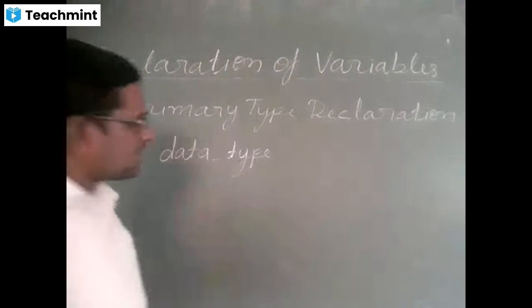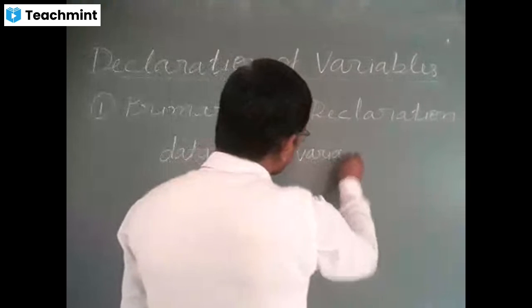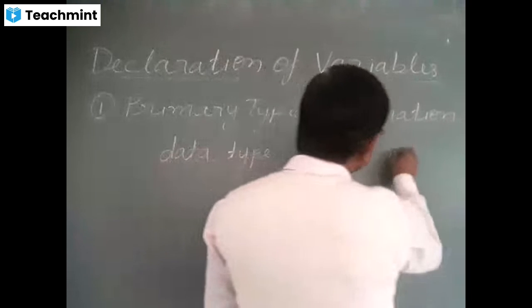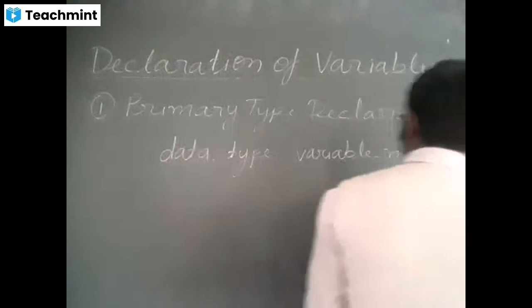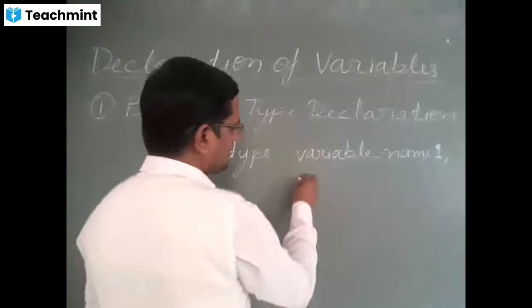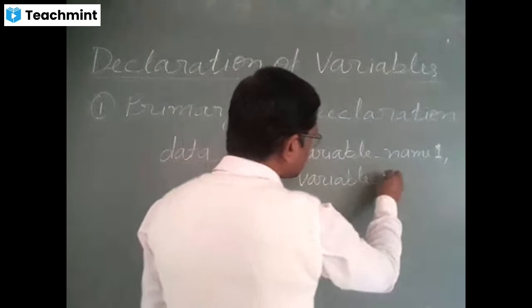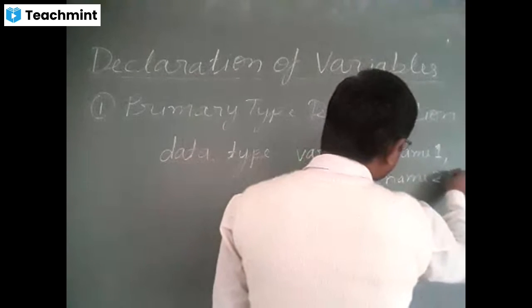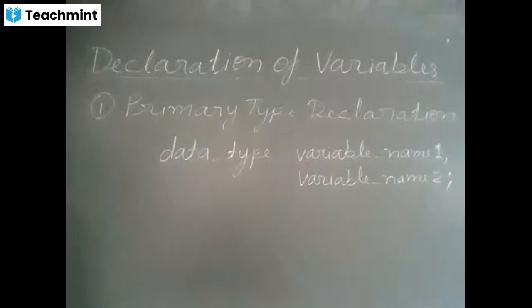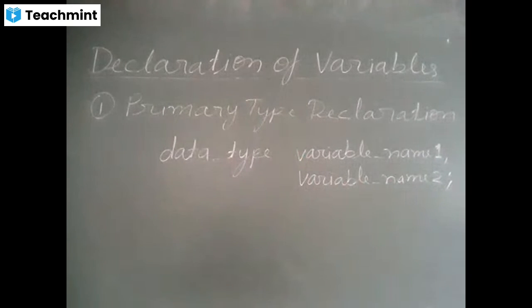After the data type, we put a space and then write the variable name. We can declare multiple variables in a single line. Then after that put the semicolon, which indicates the end of the line.